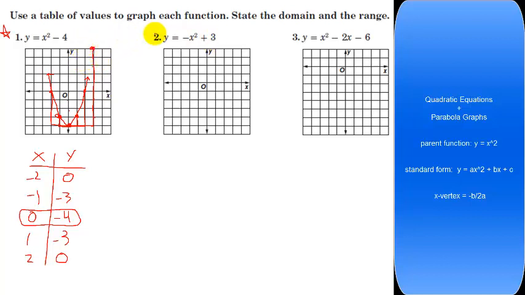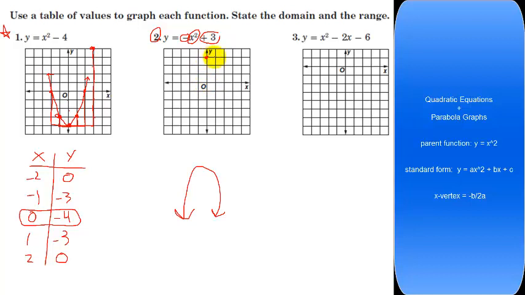Okay, let's take a look at the second one. We won't do the whole thing, but let's look at these bits and pieces. Here there's a negative sign in the front, which means we know the parabola is going to be upside down. Okay, and the y-intercept, or starting value here for this parabola, is just +3, and there's nothing else tricky about it. Our parent function is a normal graph. It's flipped upside down, and it starts up 3. So I'm going to do it shortcut-wise. We go up 3. That's my vertex.